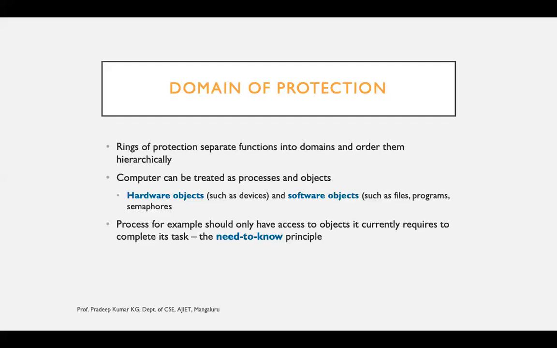Now how to provide this? Via providing processes. Each device is identified by its own process, its own object. How can it be done? For example, consider the process: only the process may have access to the objects it currently requires to complete its tasks.